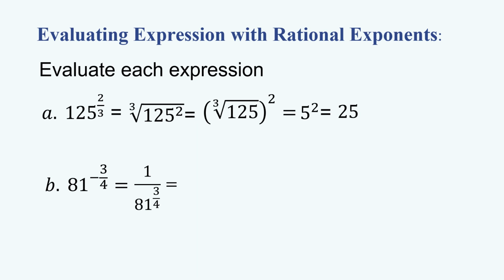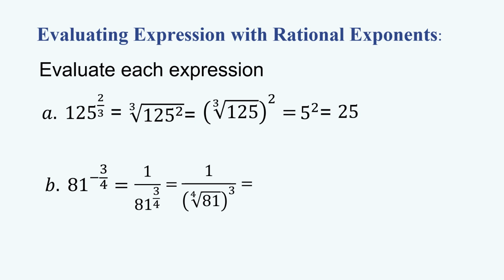Now in the next step, let us change this exponential form to a radical form. 4 is the index, so this will be 1 over the 4th root of 81, and out of the radical, by one of the properties that we saw before, it will be raised to the 3rd power.